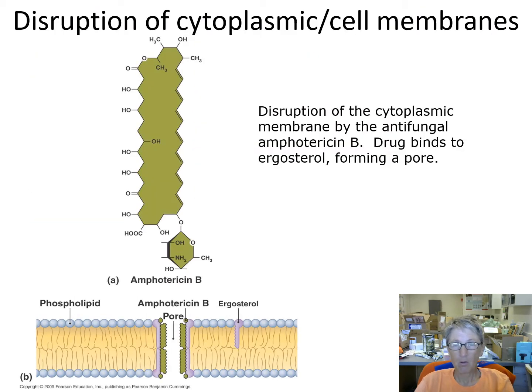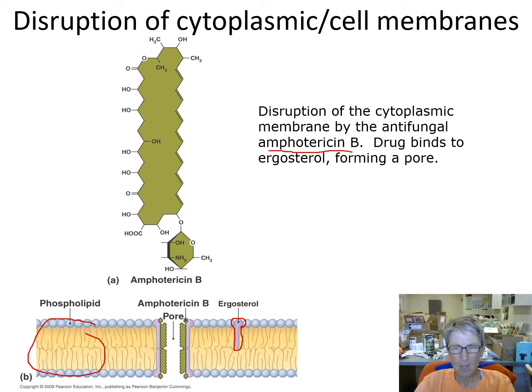So this is a cartoon of the disruption of the cytoplasmic membrane of a fungal cell by amphotericin B. So here's a fungal phospholipid bilayer, just like we have. Here's ergosterol, this purple thing that we said fungal phospholipid bilayers have, but we don't have.